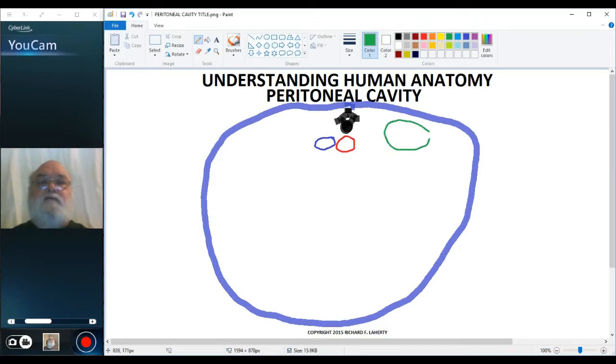We'll have kidneys, which remember are made of intermediate mesoderm. Color our kidneys in.